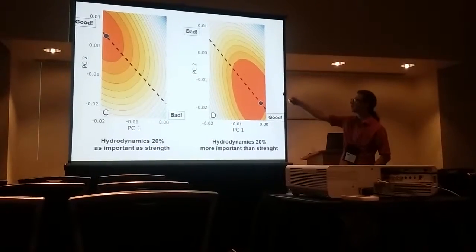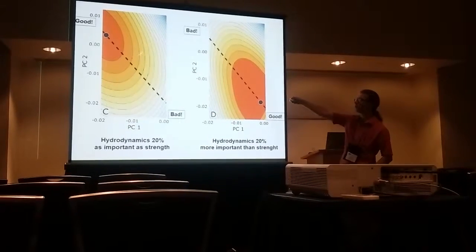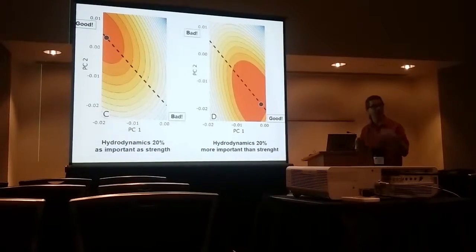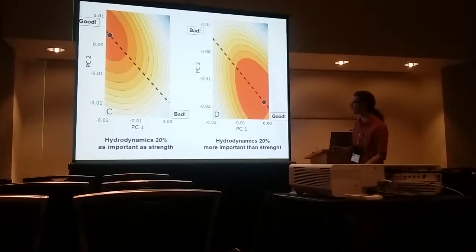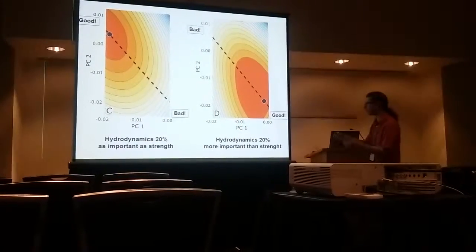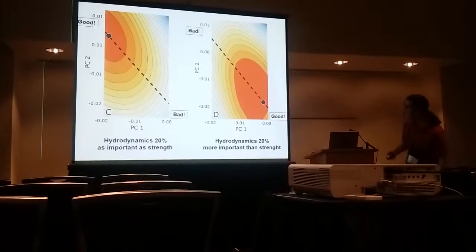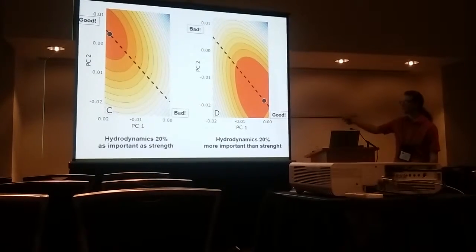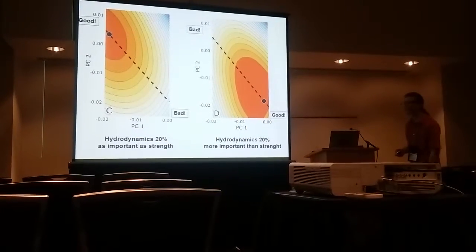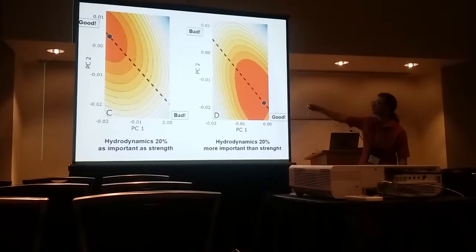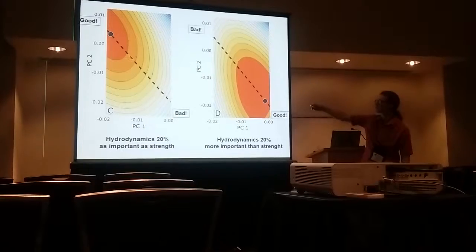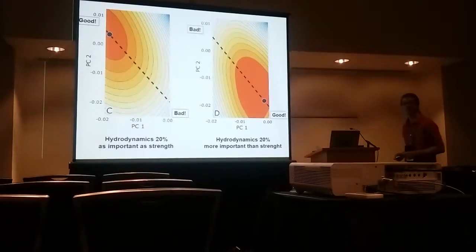So, if hydrodynamics really aren't that important, the peak falls really close to the maximum performance for shell strength. If hydrodynamics are more important than strength, then you get a peak much closer to the peak for hydrodynamics. And in fact, all of the peaks for any combination of weights of these variables are going to fall along that line there.